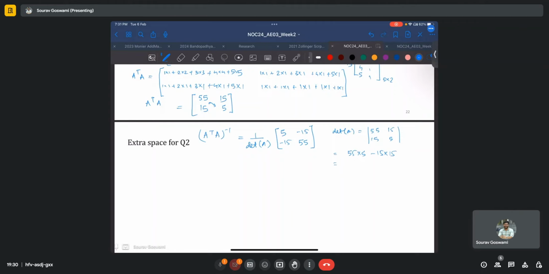So to take out 5, 5 times 5, 25. If you have 5, 5, 3, 3, okay, 25. This is 11 into 1 minus 3 into 3. So 11 minus 9 is 2. This is 50. So this is 1 by 50 times 5, minus 15, and 55.